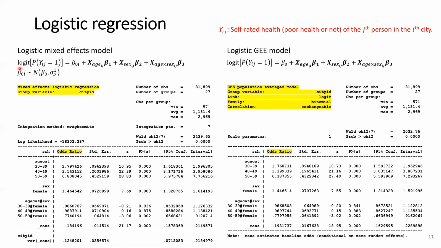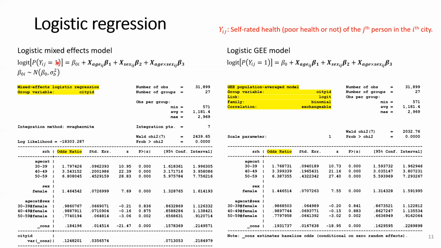So the equation is logit of probability of outcome equal to 1. What does it mean? Y_ij is self-rated health. Poor health is coded as 1, and good health is coded as 0, of the j-th person in the city i.